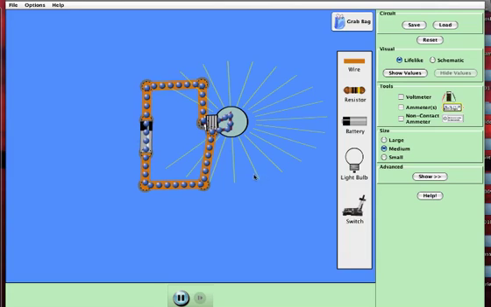Now if you notice, the electrons are moving out of the negative side of the battery. So this is the positive side up here. We say the current flows from positive to negative. That's because we used to think that the positive charges in a circuit were the ones that move. We now know that it's the negative charges.